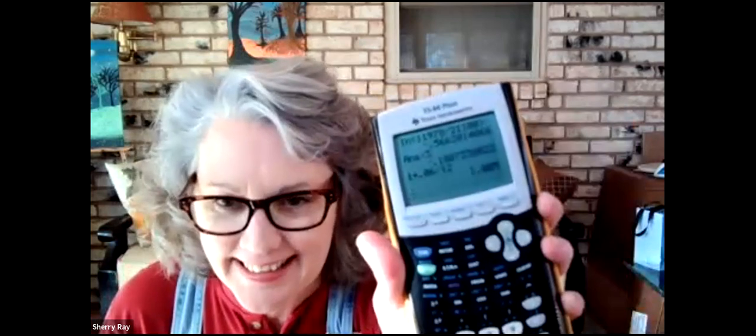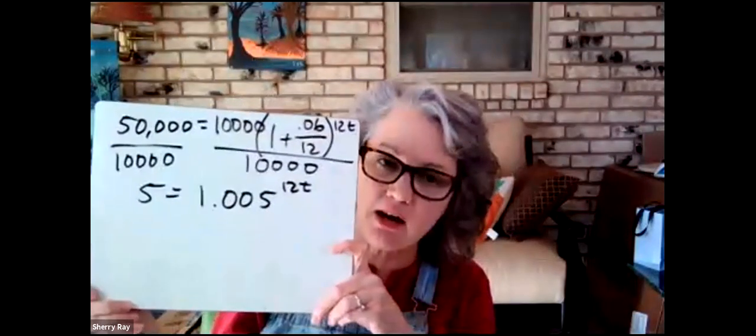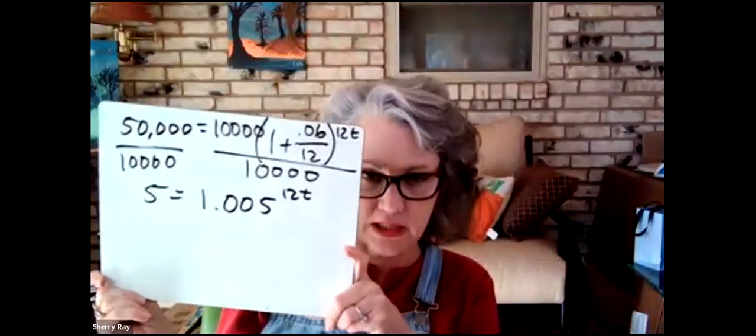Okay. And now if you can see this, now this calculator does something I don't know if Desmos does. So I need to change this into a log function. Now, remember, logarithms are always equal to the exponent. My log function will equal my exponent 12t.